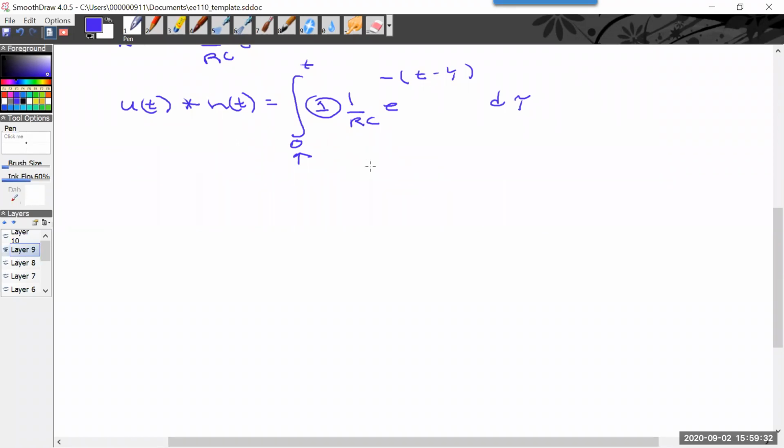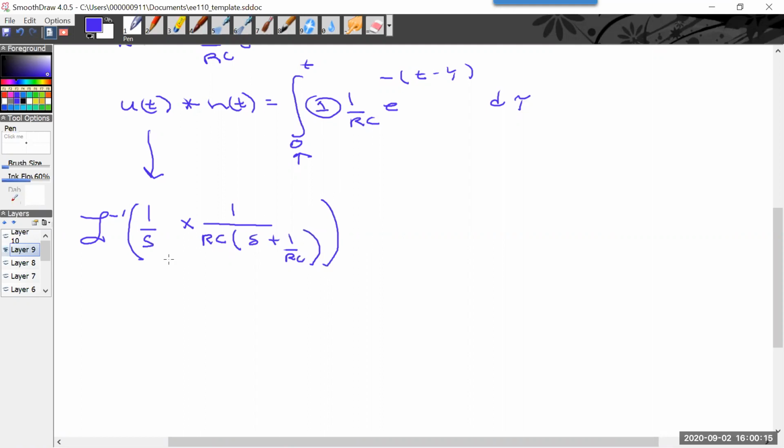All right, let's do this in the Laplace domain. u of t becomes 1 over s, and this becomes the following. Now I have this in the S plane, so I have to take the inverse Laplace of it.